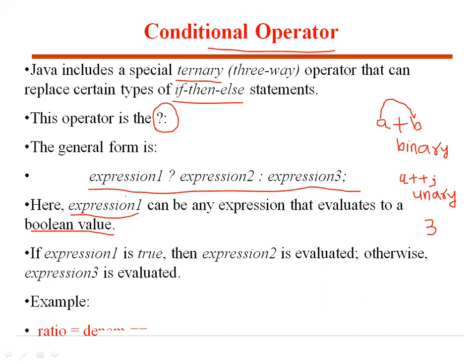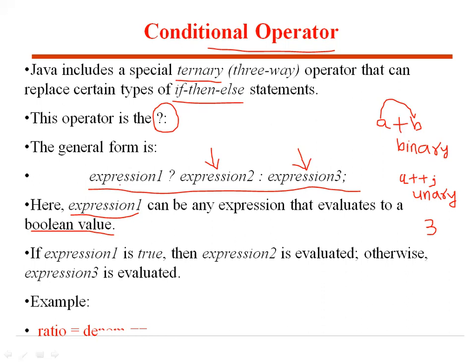If the expression 1 value is true, then expression 2 is evaluated. If the expression 1 value is false, then expression 3 is evaluated. That means at any point of time, either expression 2 or expression 3 is evaluated, but not both. Please remember, either this or this is evaluated, but not both.